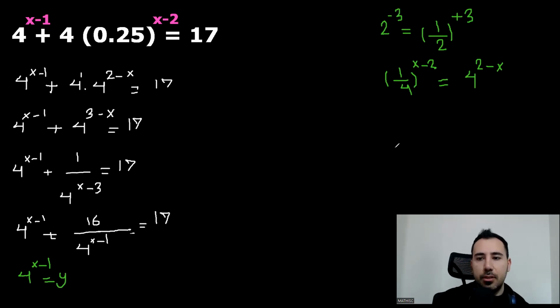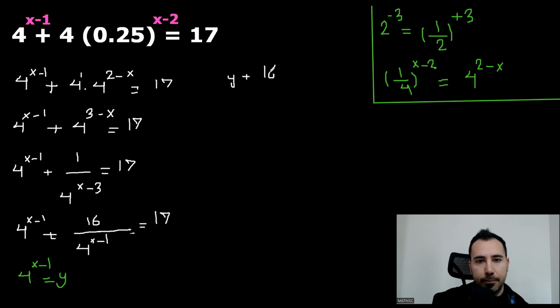So the equation will turn into y plus 16 over y equals 17. One thing we need to check: can y be 0? Is it possible for this to be 0?